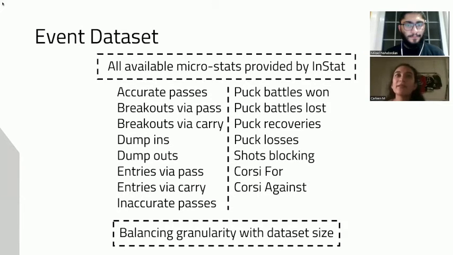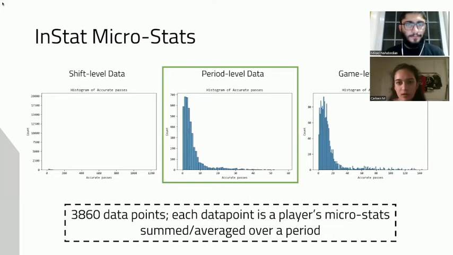Unfortunately, data availability comes with some data issues that need to be balanced with the data set size. Going to the next slide, we can see that we had three options for which view to take of this data.